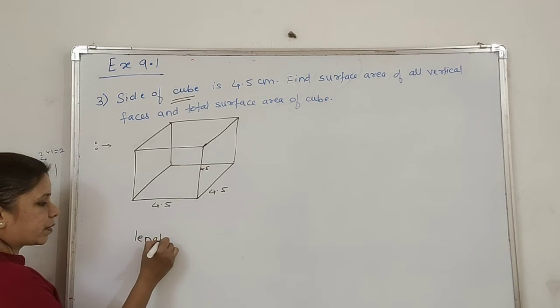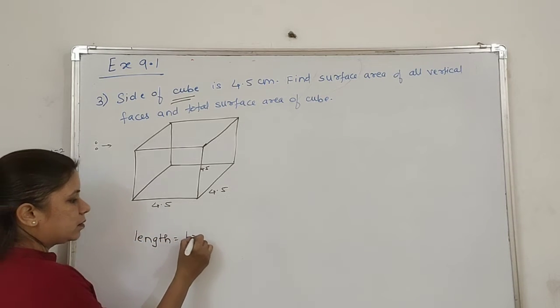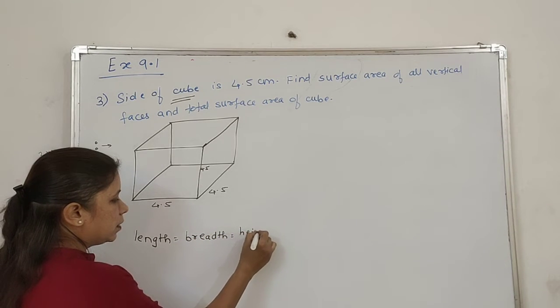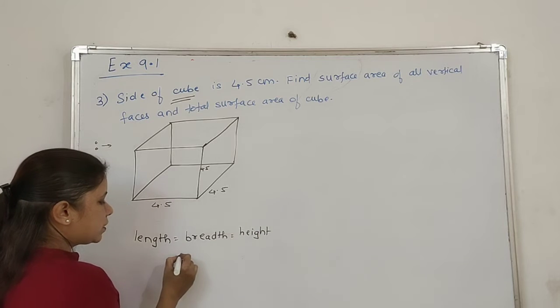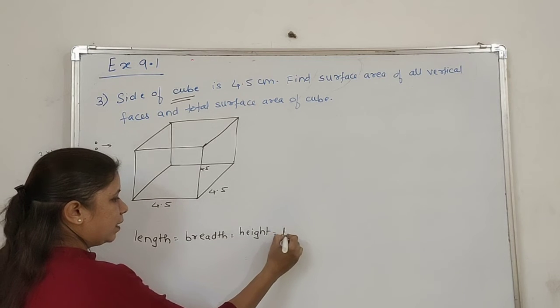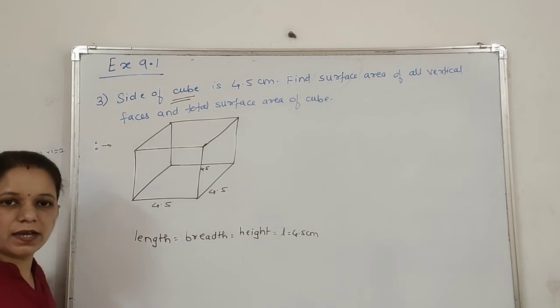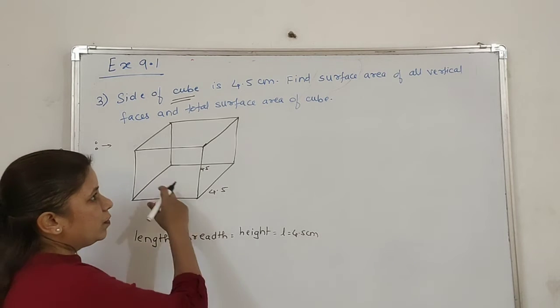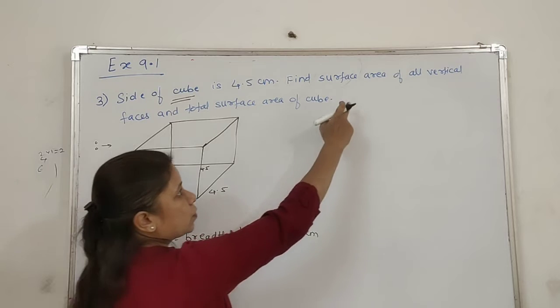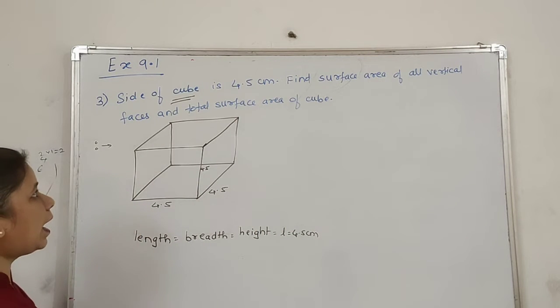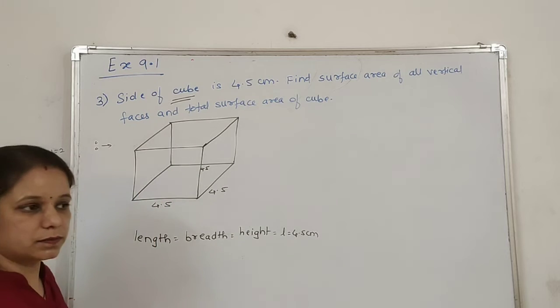Length equal to breadth equal to height. For all this, I will take the variable as L equal to 4.5 centimeter. Okay. Now we will have to calculate surface area of all vertical faces and total surface area.